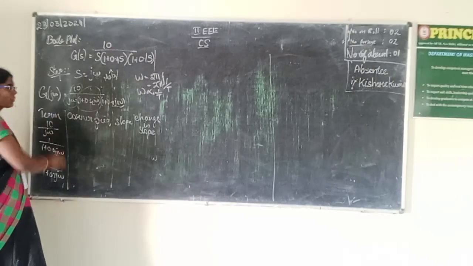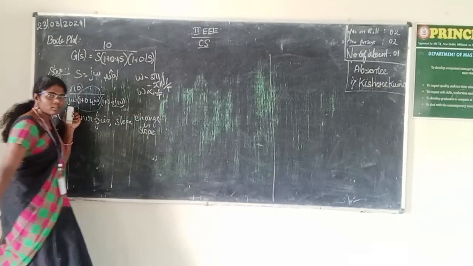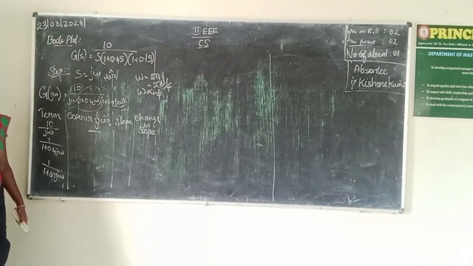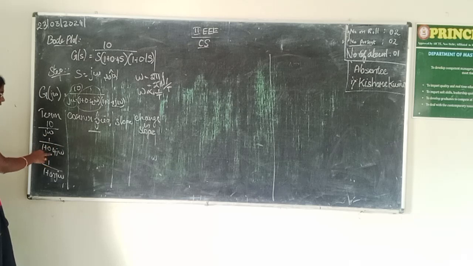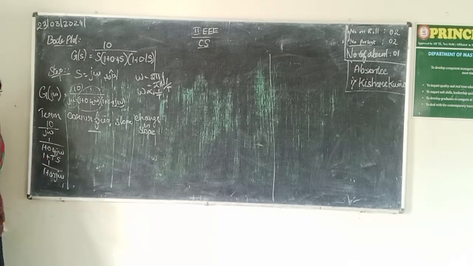Here in j omega there is no term called time, so there won't be any corner frequency for the constant terms. The next term will be like this, 1 plus ts. Here there is a corner frequency.